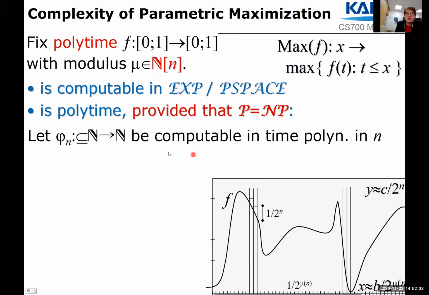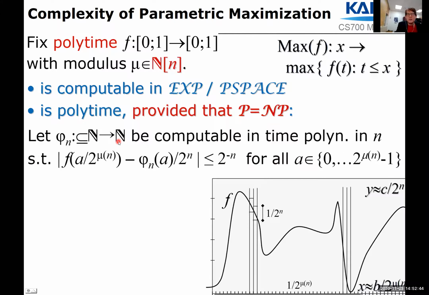And to this end, let's recall the definition for a real function to be computable in time n. It means that we can approximate the function with some dyadic rationals. There's a computable transformation that receives as an argument the numerator of a dyadic rational approximation and outputs the numerator of a dyadic rational approximation.